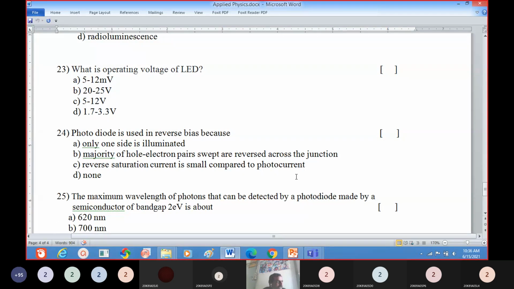I already explained that this is the main reason we connect the photodiode in reverse bias.